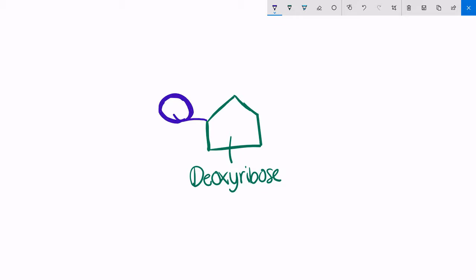A phosphate group is a functional group of elements that looks like this. So that's what the phosphate group looks like.